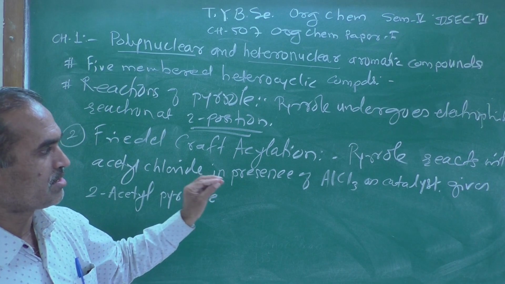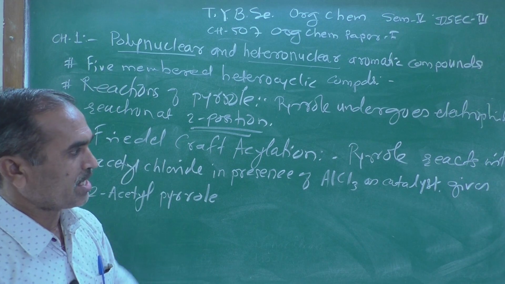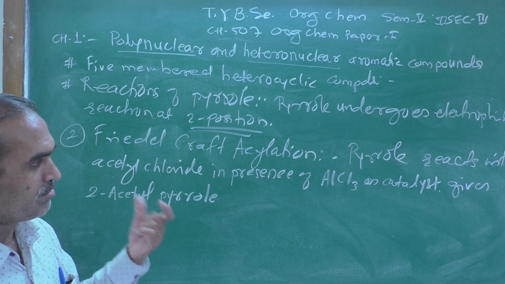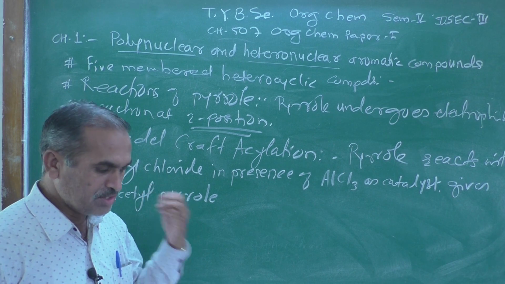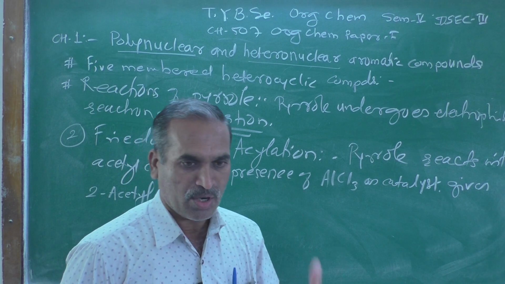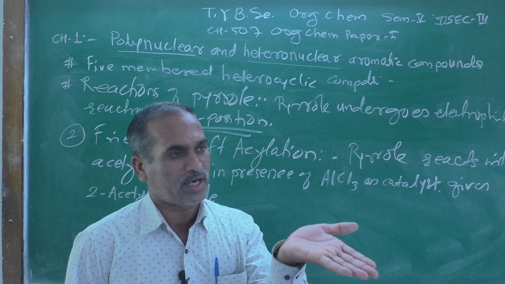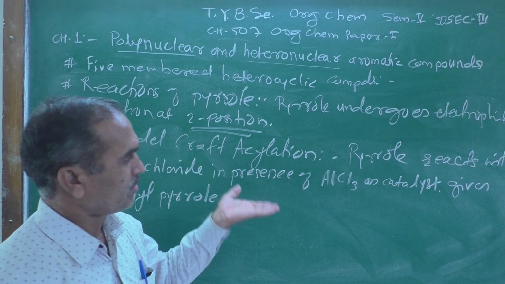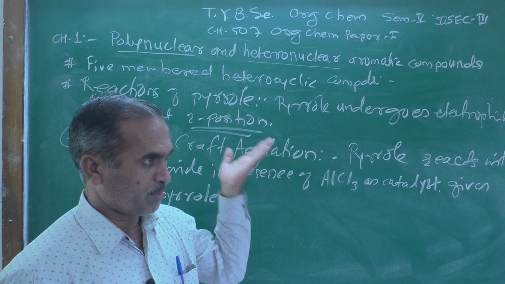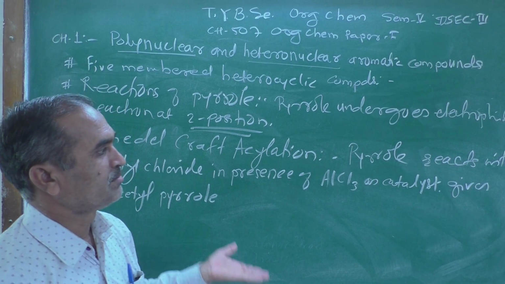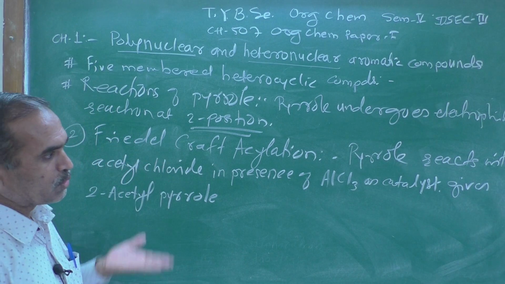AlCl3 is a Lewis acid catalyst. What is the role of a catalyst here, in general in organic compounds? It speeds up the rate of the reaction, and therefore the product is formed with good yield.